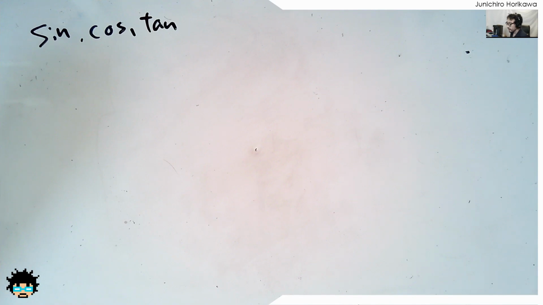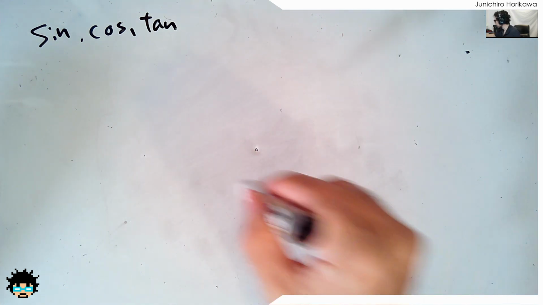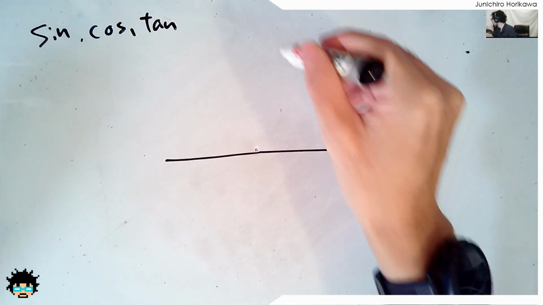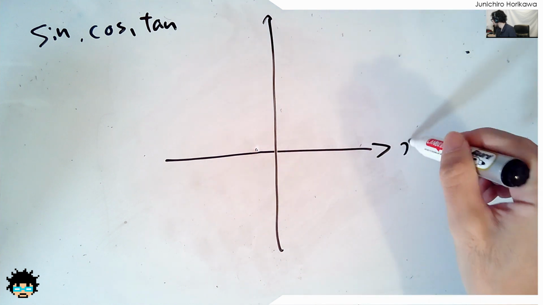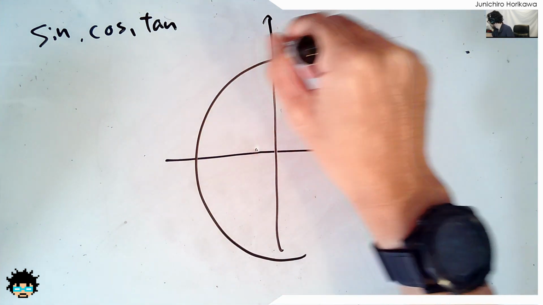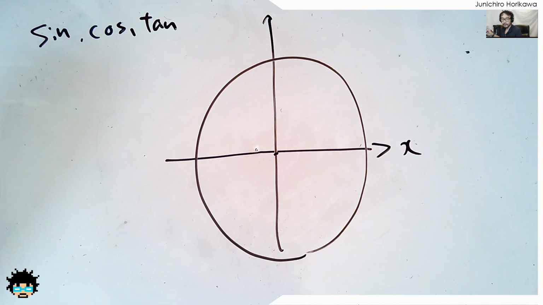Now that we understand the difference between radians and degrees as an angle, let's talk about the trigonometry functions, which are sine, cosine, and tangent, and how we can use them to express the relationship of the triangle information. Now first I'm going to draw an xy axis and draw a circle using the center of this axis as the center of the circle.